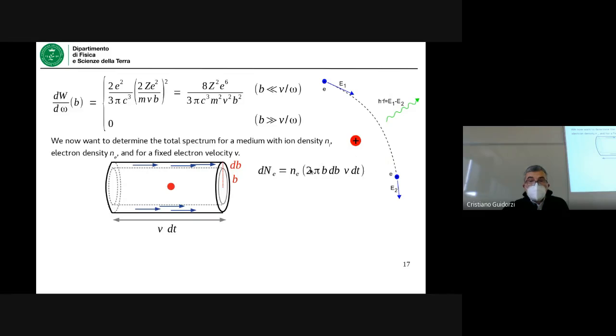Among brackets, here is the volume, but I want the number of electrons. So small ne is the number density of electrons, how many electrons per unit volume. The number density of electrons times the volume gives the number of electrons that come into this cylinder and interact with a given ion, okay?